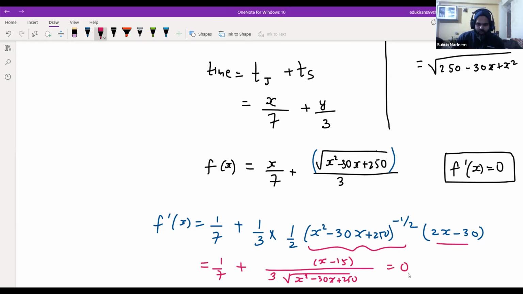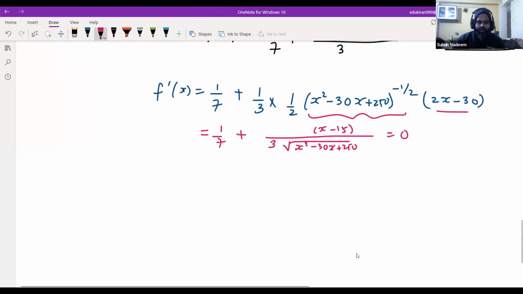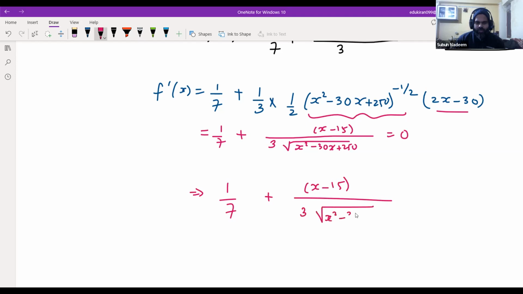Now you will equate it to 0. This is the derivative. You will equate it to 0. When you equate it to 0, you will get 1 by 7 plus (x minus 15) by 3 root over x square minus 30x plus 250 is equal to 0. Now take LCM.